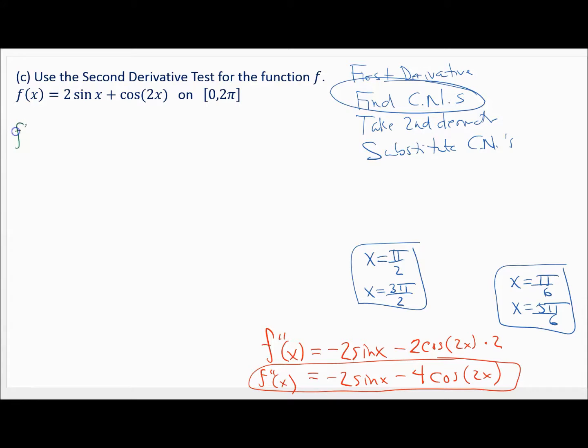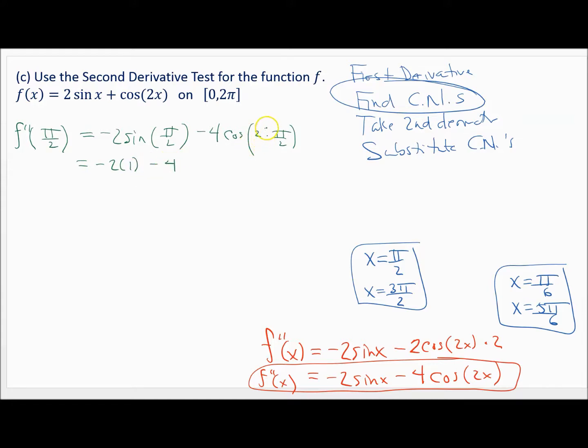So f double primed of, let's do pi over 2 first. Okay, so I'm doing negative 2 sine of pi over 2 minus 4 cosine of 2 times pi over 2. When I simplify that, now we know the sine of pi over 2 is 1, so that's negative 2 times 1 minus 4.